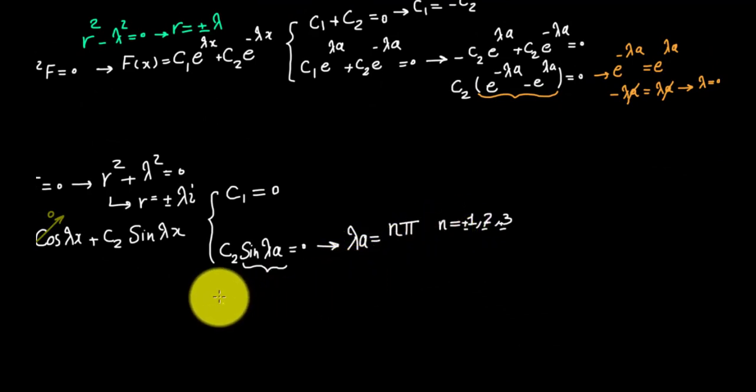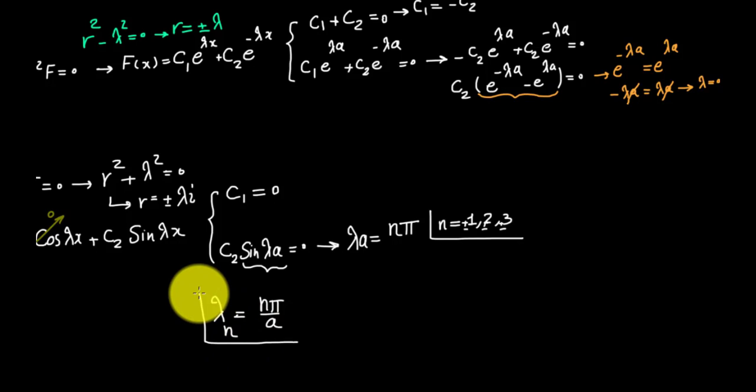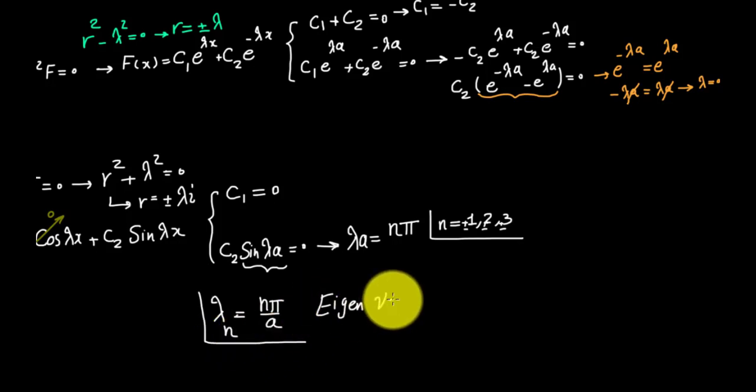And if we isolate the lambda or eigenvalues, we have more than one constant that would work here. So if I isolate the lambda, that would equal to n pi over a, in which n are all integer numbers, non-zero. And as we have more than one, I would put a subscript n, and these are called eigenvalues of this partial differential equation.